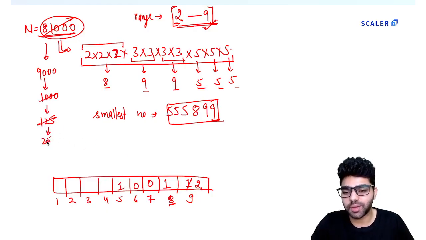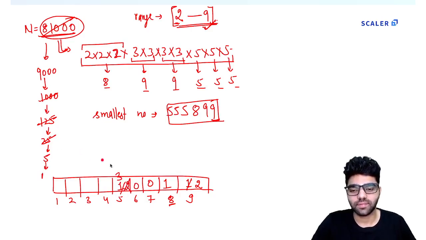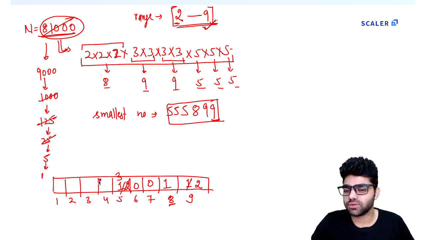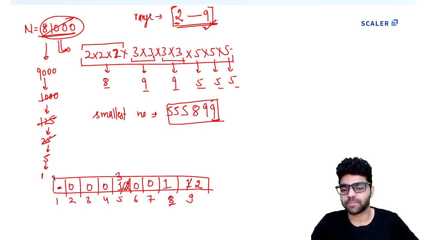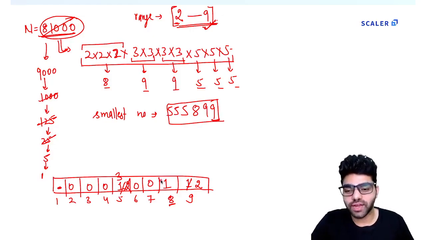Again it is divisible by 5. Again divide this. Now again it is divisible by 5. Again divide this and increase the counter. Now it is not divisible by 4, neither by 3, neither by 2, and I'm not checking it with 1. Great. Now how to find the smallest number?